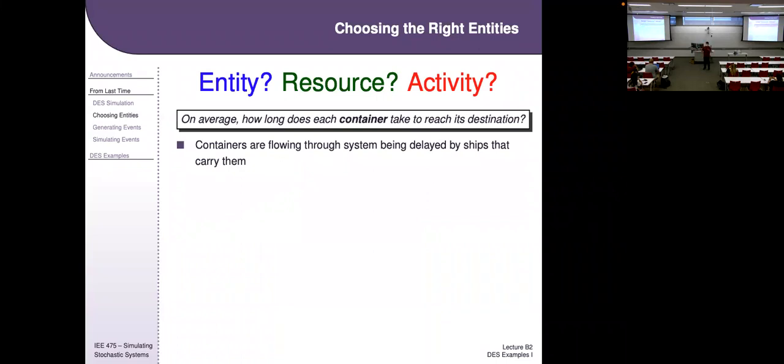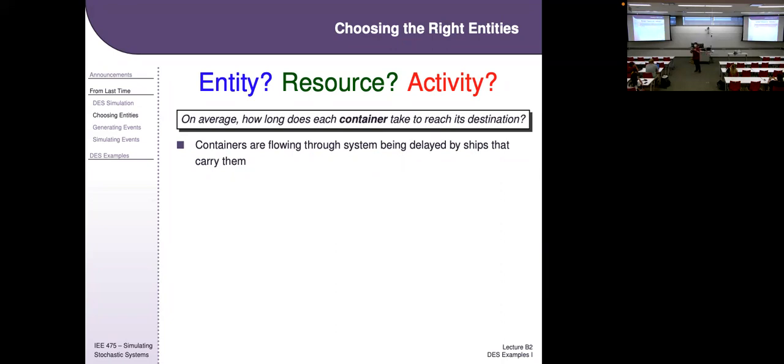So I can ask a question and let the question drive my model. In this question, I say, on average, how long does each container take to reach its destination? Now, when I read that question, what I should do is think, well, containers are flowing through the system, being delayed by the ships that carry them. The question is asking about the experience of a container. It's effectively saying how much delay accumulates on a container as it waits to get on a ship and get wherever it's going.